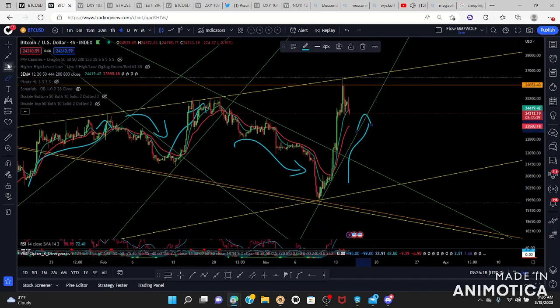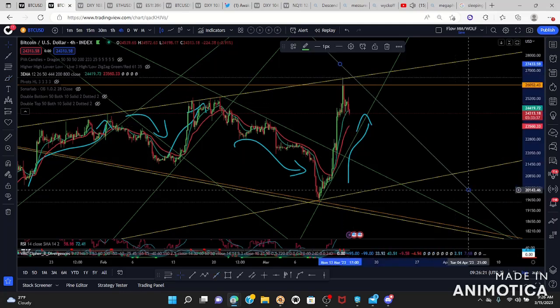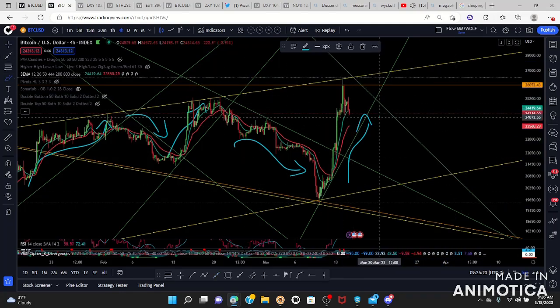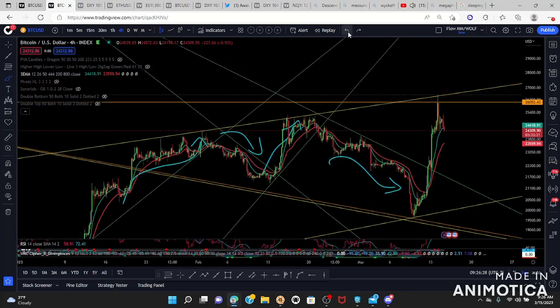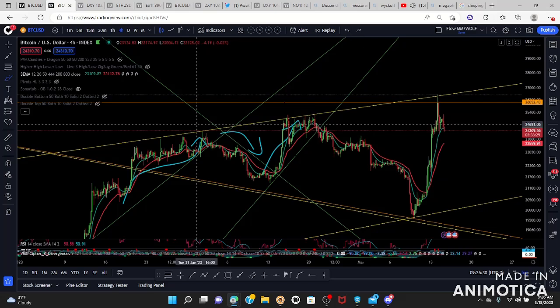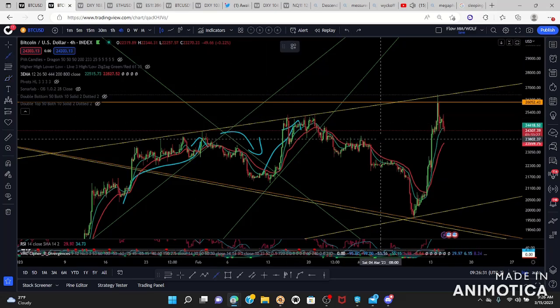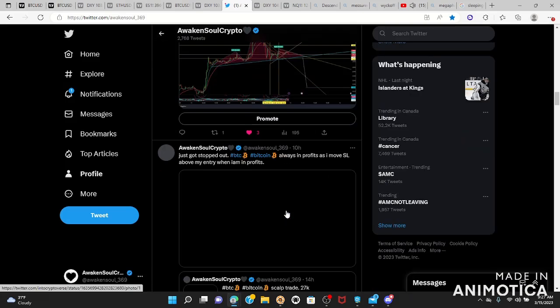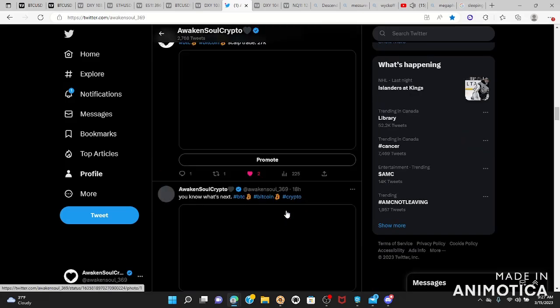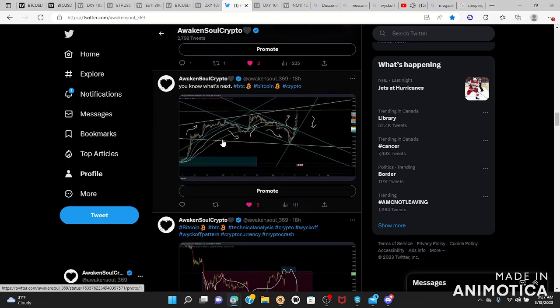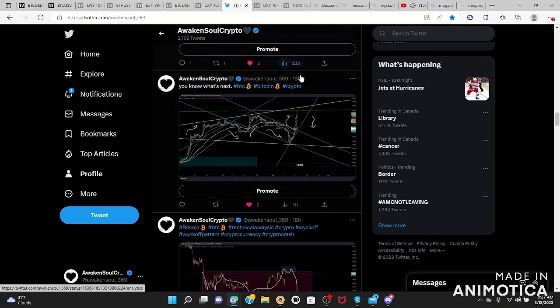So guess what's after an uptrend? The downtrend, right? We're going to have a down movement. Okay. So let's just focus on this price action here. And I did share that setup too the other day. It was so cute. Right here. I was like, up, down, up, down, up, down.